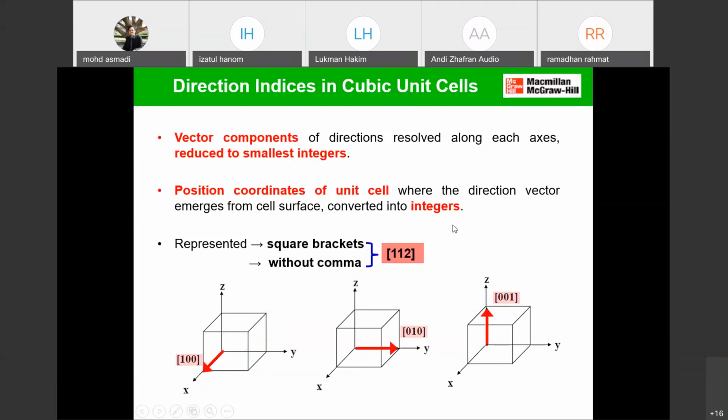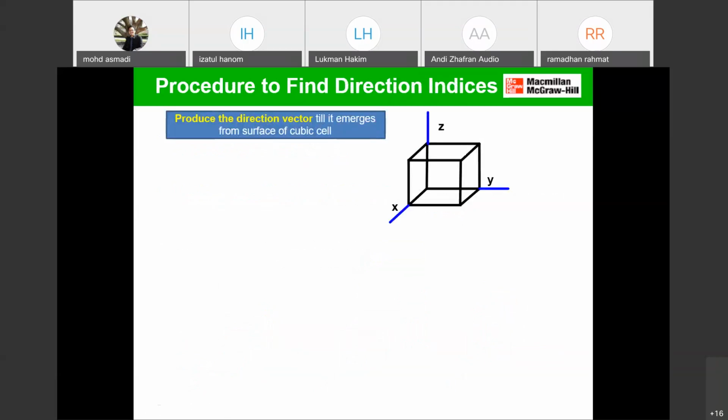So this is what I highlighted: how to find the direction indices. This is the procedure. Produce the direction vector until it emerges from the surface of the cubic unit cell.